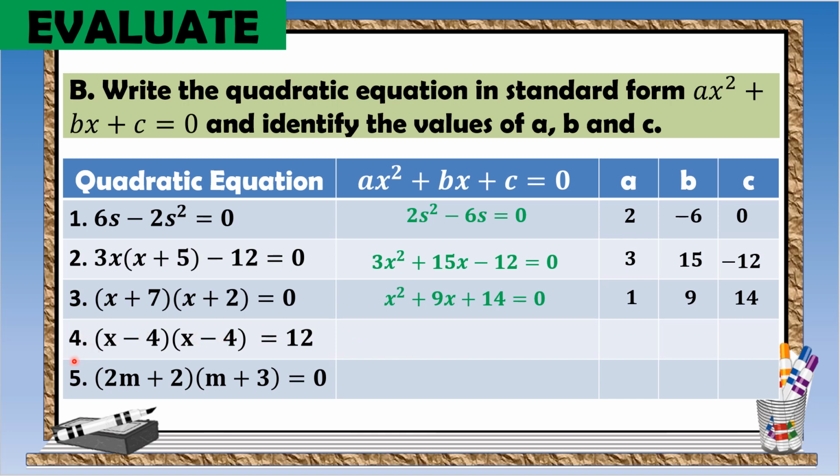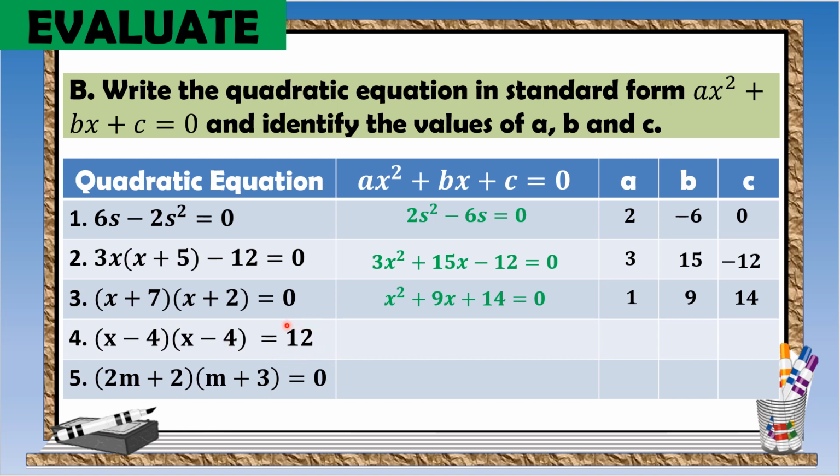Okay, next, number 4. X minus 4 times the quantity x minus 4 equals 12. Take note, we still have a constant value on the right side of this equation, so we still have to simplify this equation after getting the product of these two binomials. Using the FOIL method again, we have x squared minus 8x plus 16.